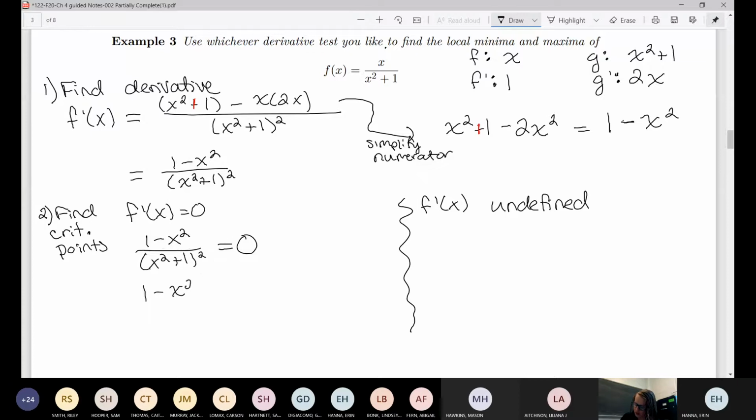Anything times 0 is, of course, 0, so we just end up with 1 minus x squared equals 0. There's kind of a shortcut. It's barely a shortcut, but if you want to skip this step, it's fine. For a fraction, it will equal 0 only when the numerator is 0.